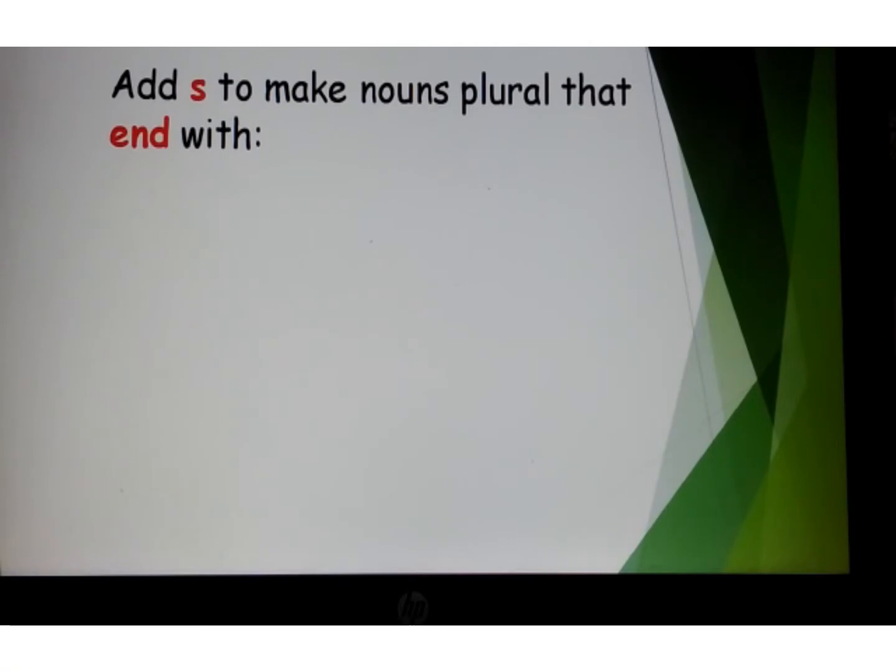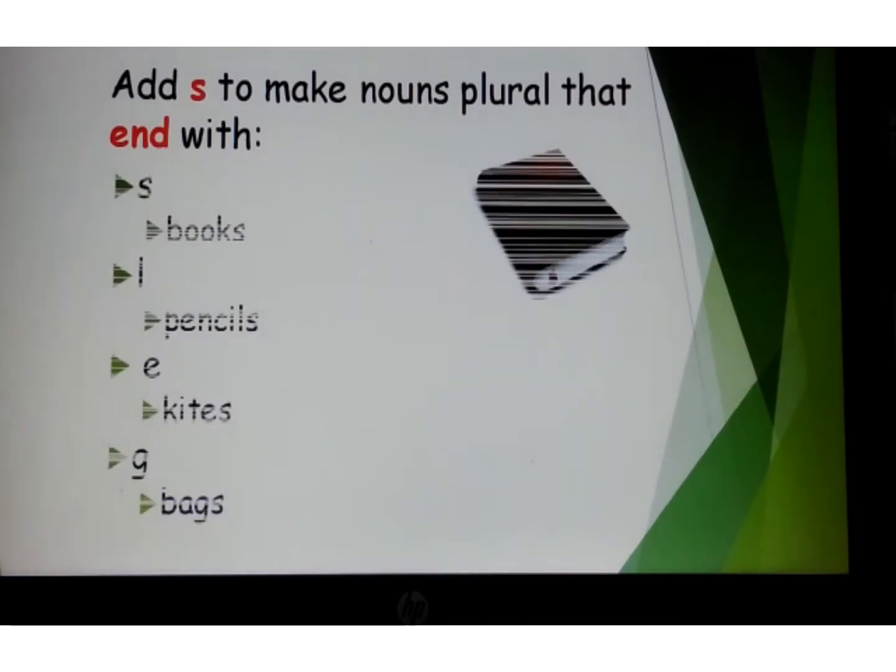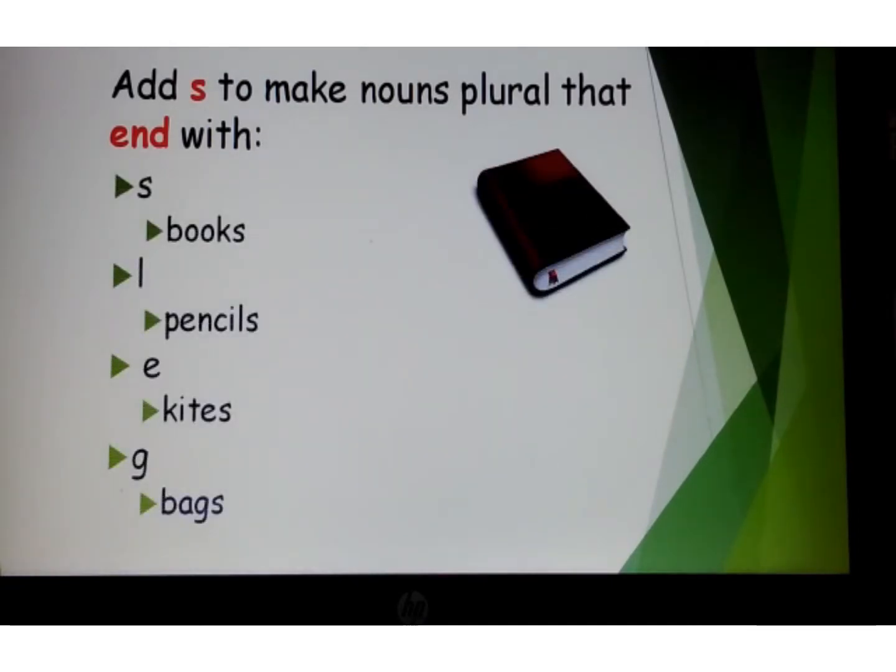Just by simply adding S at the end. See here, like book, books, pencil, pencils, kite, kites, bag, bags. So you can see here we have just added S to make it plural.